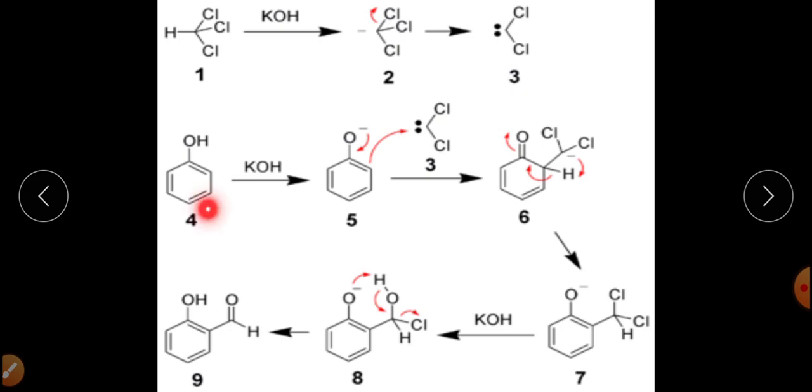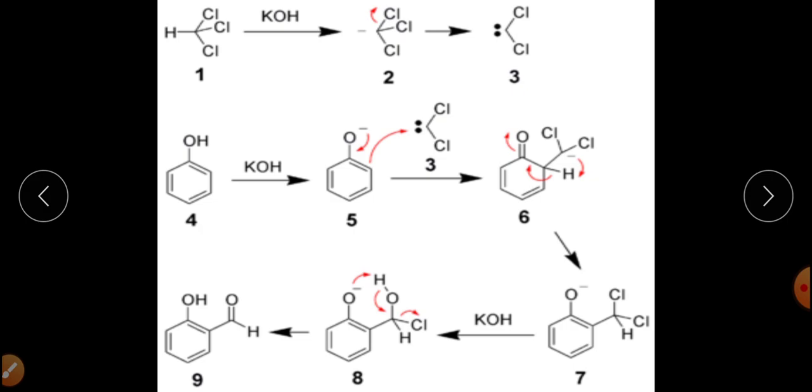After this, the phenol will react with the base and get converted into phenoxide ion, and in the phenoxide ion, the electron pair on O negative will shift to form a C double bond O, and the bond between this carbon and this carbon will shift to the dichlorocarbene, right? And this will form this type of complex.